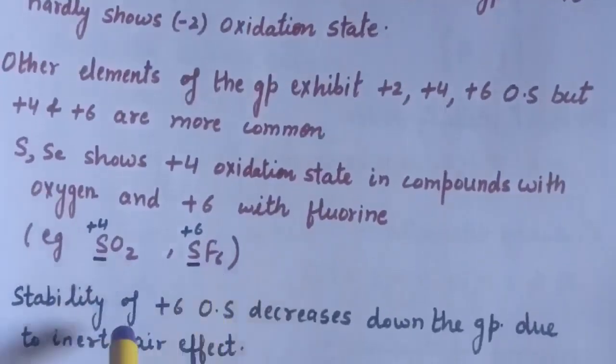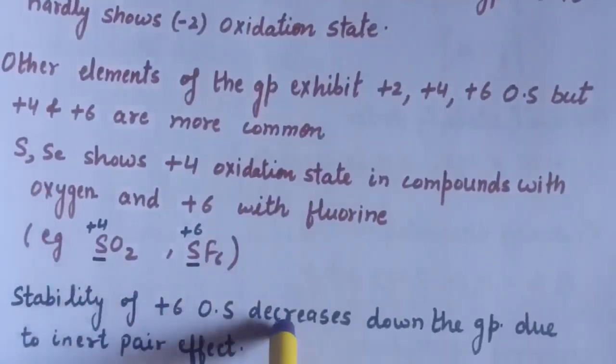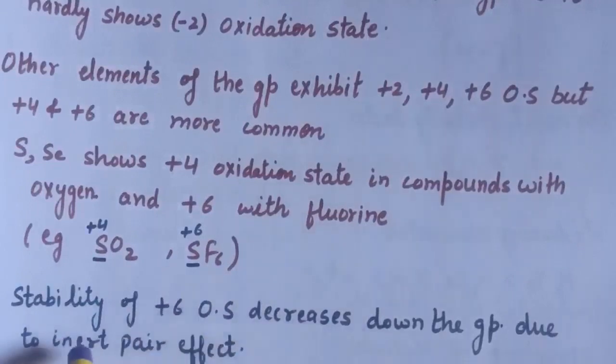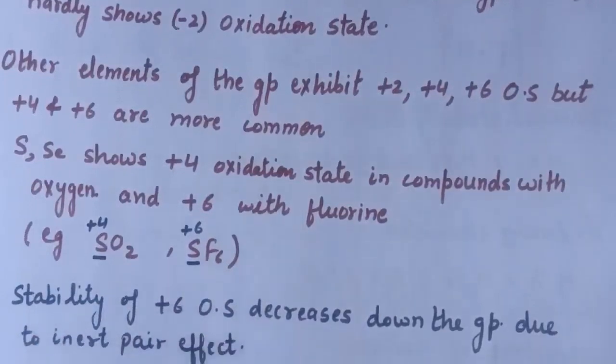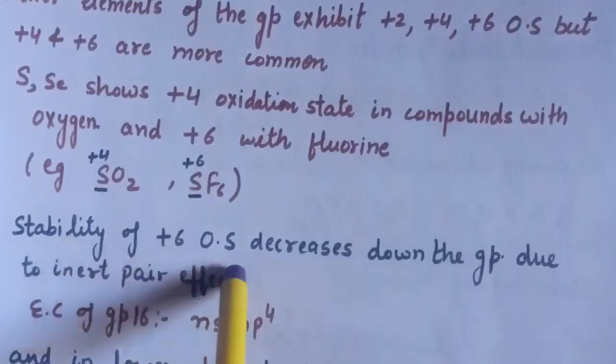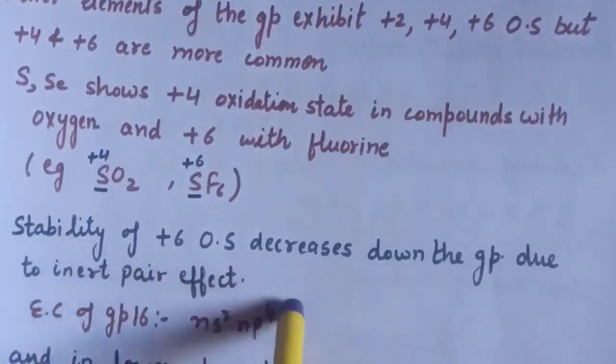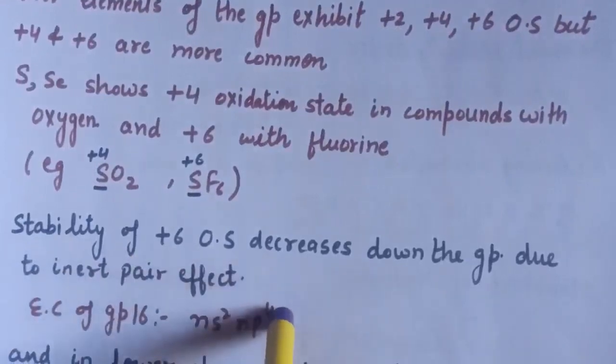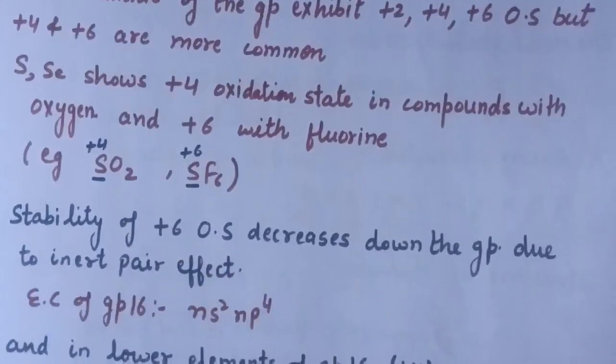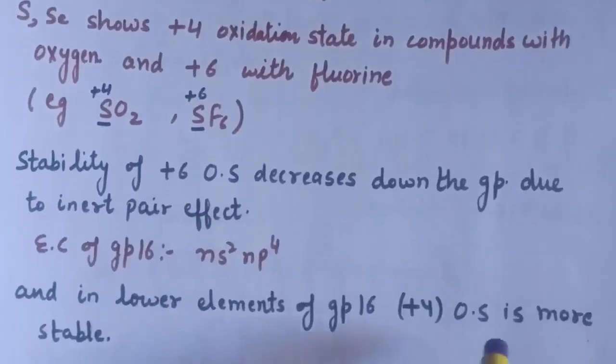Next, the stability of +6 oxidation state decreases down the group due to inert pair effect. That is, only these 4 electrons will participate in the bond formation, and that is why for the lower elements of group 16, +4 oxidation state is more stable.